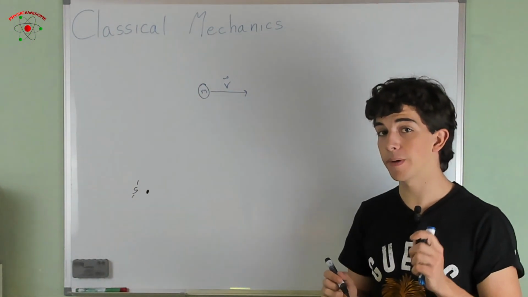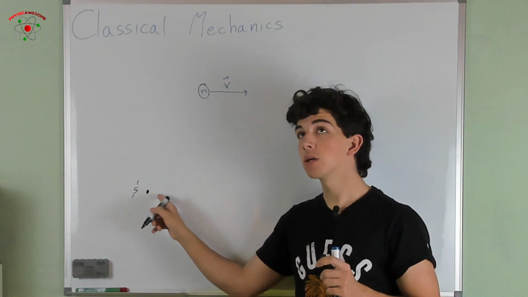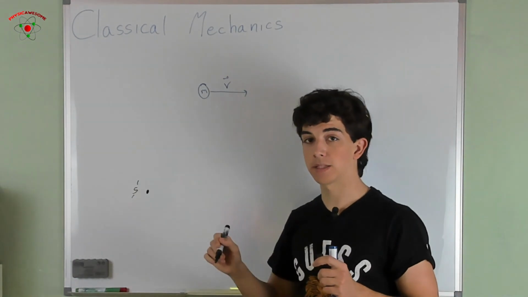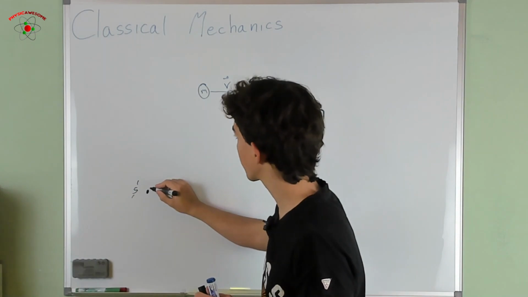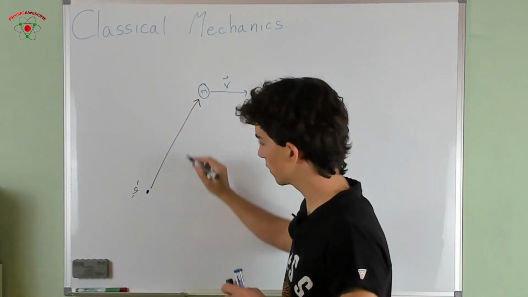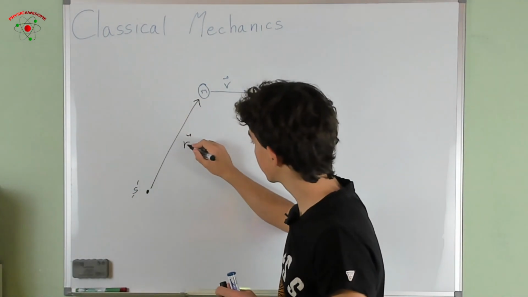Now we're going to establish a vector pointing from this point to this mass, and note that this vector is going to be perpendicular to the axis. We'll call it r_s.